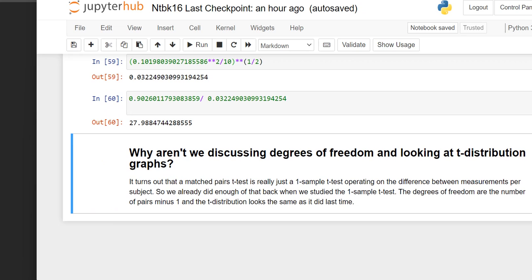But it turns out that the matched pairs t-test is a one sample t-test that's operating on the gain scores, which are the differences between the measurements in the first sample and the second. Since they're matched up, we get rid of a lot of between-subjects variance, and we're actually just measuring the difference caused by the thing that we're researching. So it turns out to be more powerful.